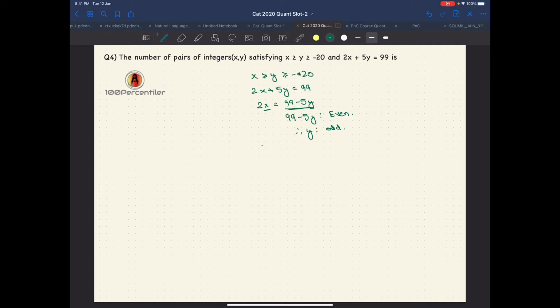Now let's first look at what is the minimum value of y. For minimum value of y, we know that y is greater equal to minus 20, but y has to be odd. So let's check with y equal to minus 19. X equal to 99 minus 5 into minus 19 divided by 2.